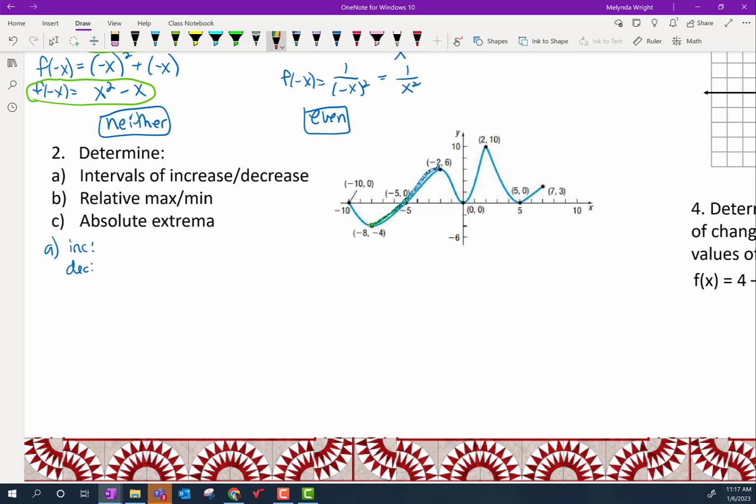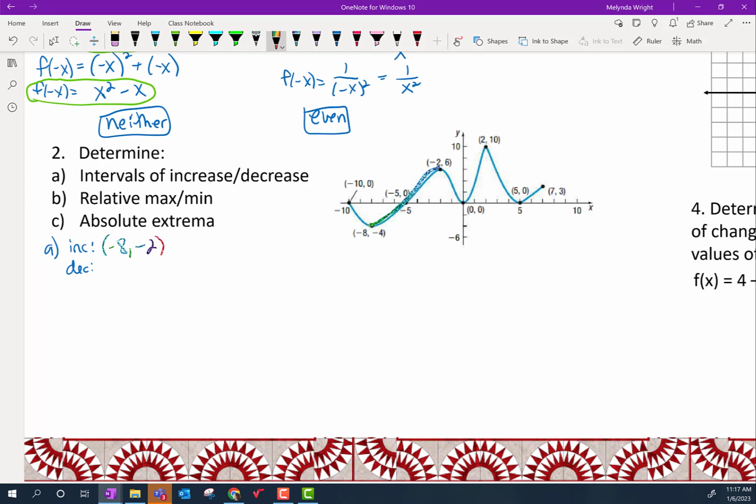So what is that? That's from -8 to -2. Students usually say it's kind of weird that we're writing down x values about increasing and decreasing instead of y values. What that's doing is setting up an interval on which the graph is increasing. It's an x interval. The x interval is where the graph is increasing.